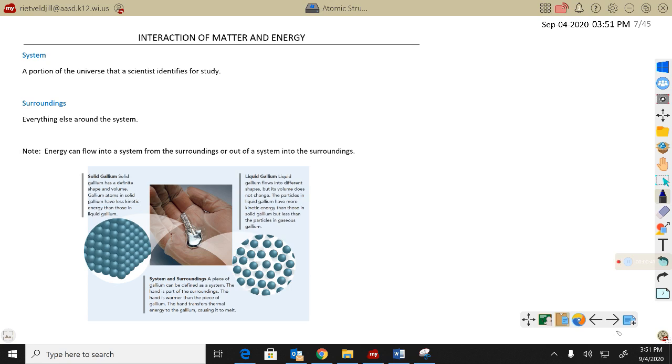And so often when we think about an energy change, we think about what direction the energy is flowing. Is it flowing from the system to the surroundings? In that case, we call the change exothermic.